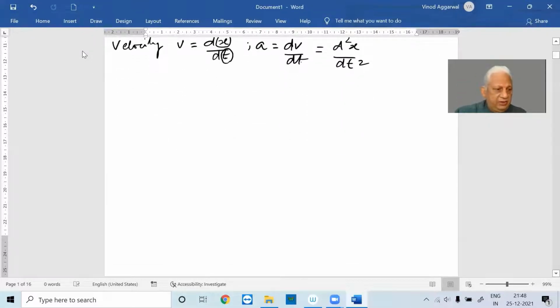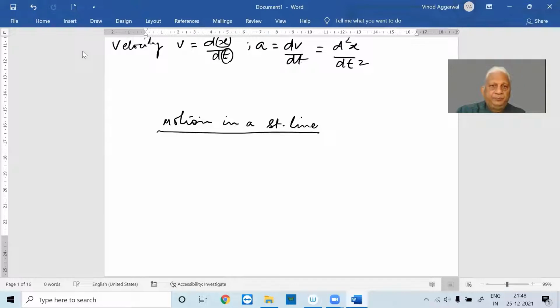Now the next thing we see is motion in a straight line with constant acceleration.